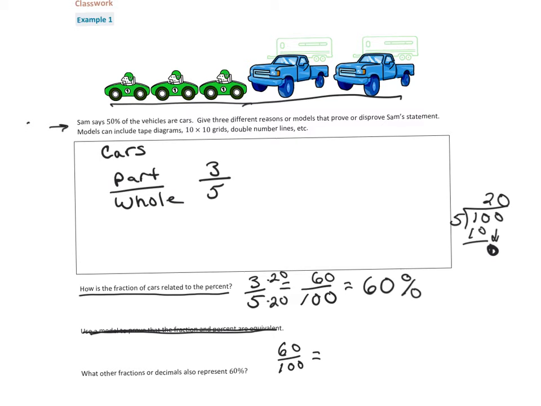We can simplify it by dividing by 10, 6/10, and then 3/5. Those all represent that. We can also represent it with a decimal, such as 0.6 or 0.60. Okay, let's keep going.